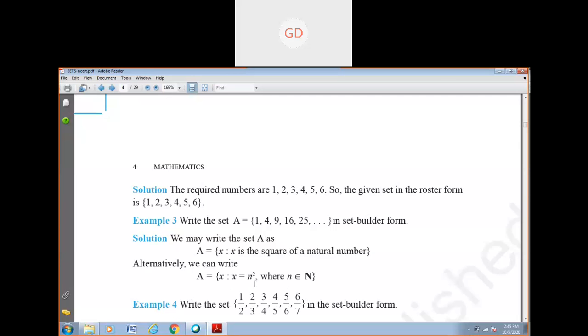So this is also an alternative way of representation. In the first representation, the condition that x is a square of a natural number is written literally, and this literal statement we can write mathematically in this way also. Now you can understand what actually set builder form is.